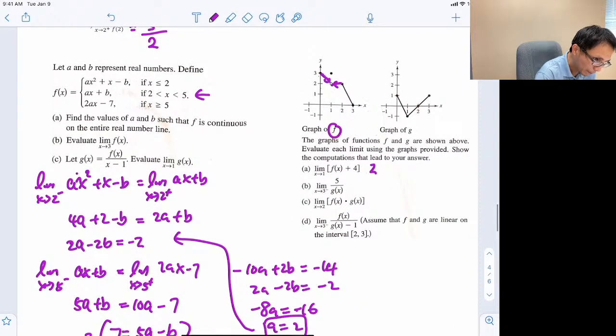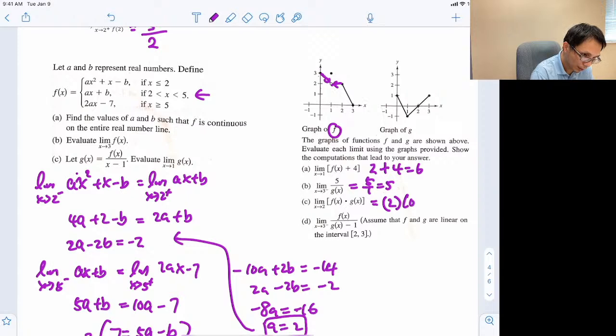Plus the limit as x approaches 1 of g is 4, so it'd be 6. And 3 from the left is going to approach this way, so it's going to be 1, so it'd be 5 over 1, which is equal to 5. Limit as x approaches 2: f of x is going to give you 2, and g of x is going to give me 0, so it's actually 0.